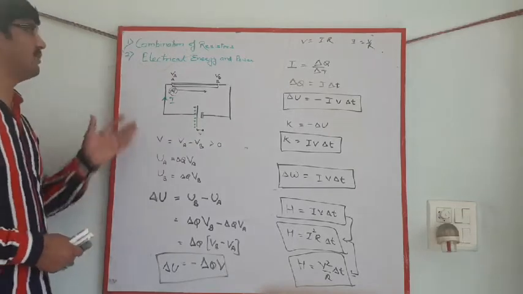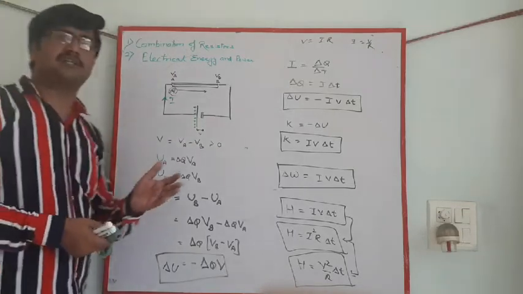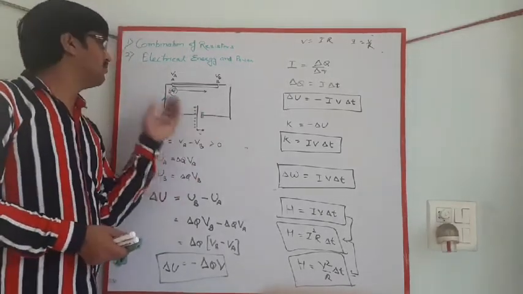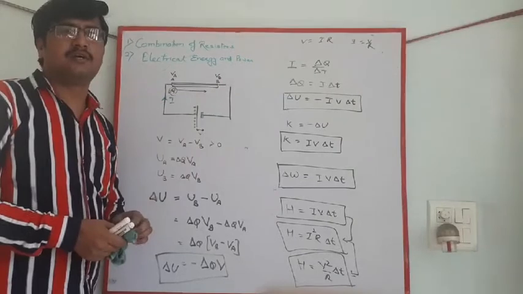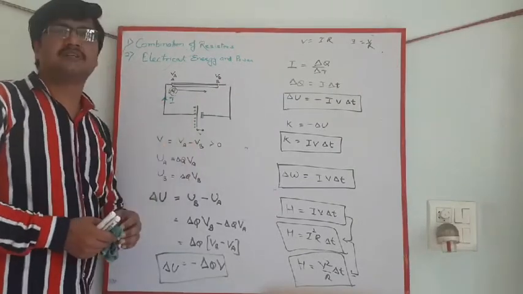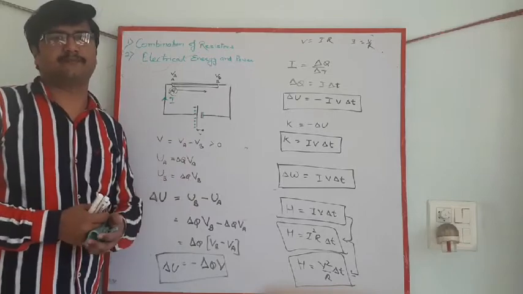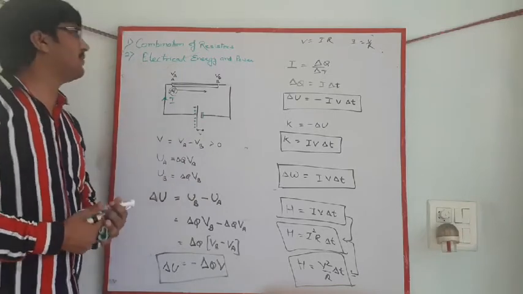So this was all about the electrical energy. So what is electrical energy? Energy, work done by the source of EMF to maintain the steady current through the given conductor is known as the electrical energy. The next topic is power.